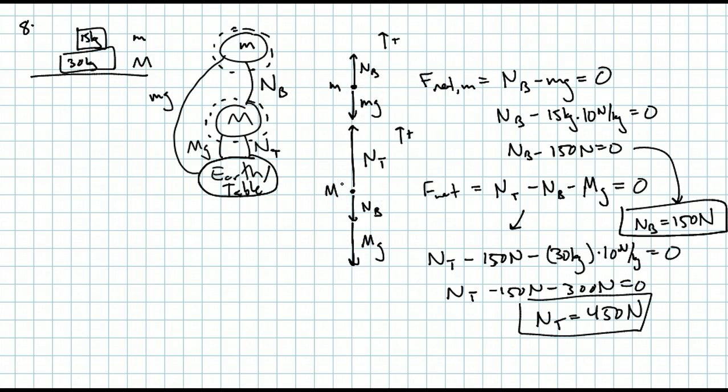Also, they're just not always equal. They're only equal in some simple circumstances. For example, this normal at the table here is not equal to this weight. And if the boxes were accelerating, even these two would not be equal. So you're just not safe calling it a weight. There's always only one weight per object.